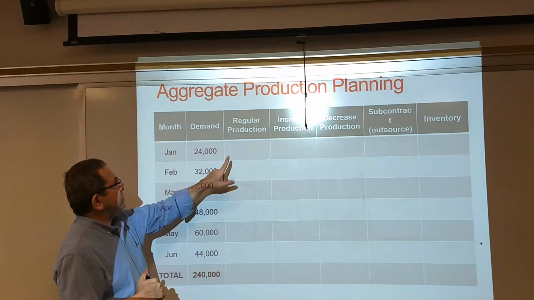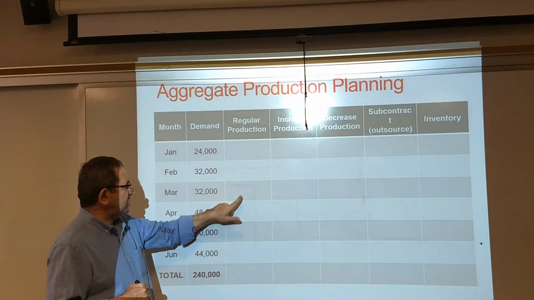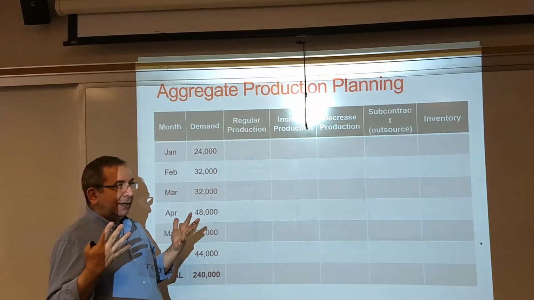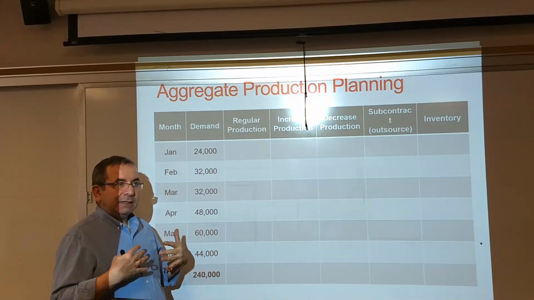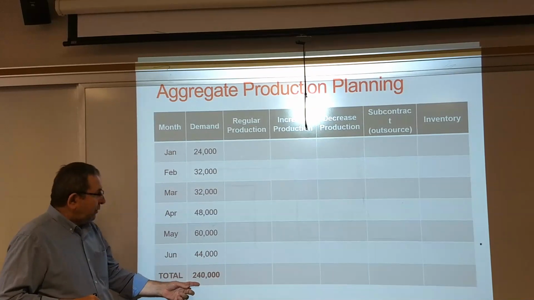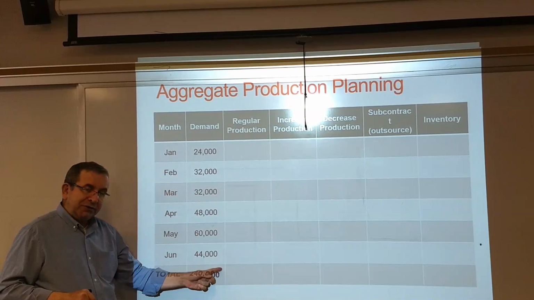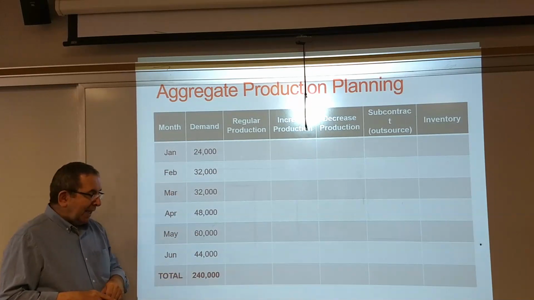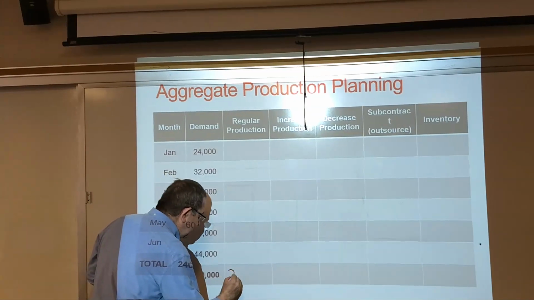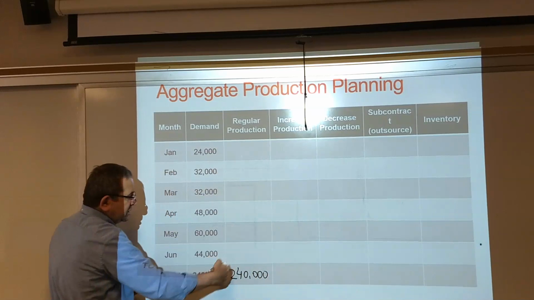So how much to produce in January, how much to produce in February, how much to produce in March, etc. Okay, this is the plan that production needs to make. So at the end of 6 months, there's a total demand of 240,000. And to balance supply and demand, you should also produce 240,000 over 6 months.